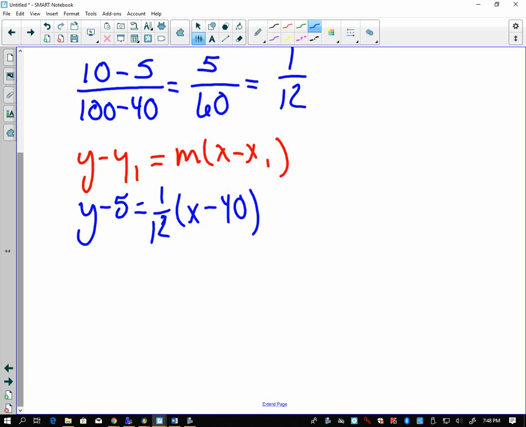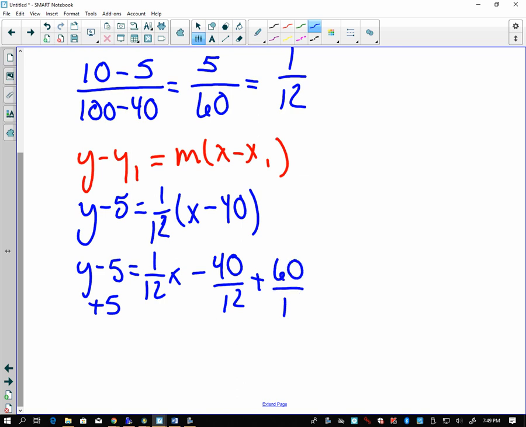So y minus 5 equals 1/12 x, and we're getting negative 40 over 12, which is just going to stay that way for now. We're going to add 5, but I need a common denominator, so multiplying 5 over 1 by 12 over 12 gives 60/12. Y equals 1/12 x. Negative 40 plus 60 is 20, positive 20/12.